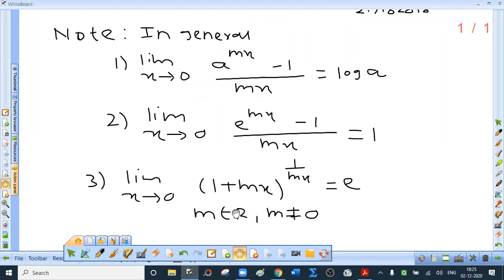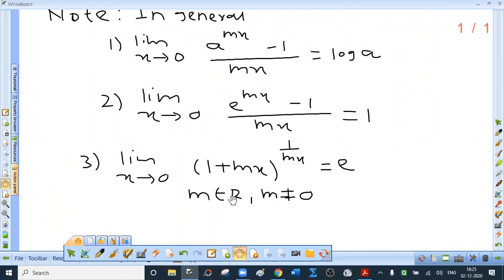Now after this, write down: something is added to 1. I'm referring to this. Something is added to 1. The same thing tends to 0.